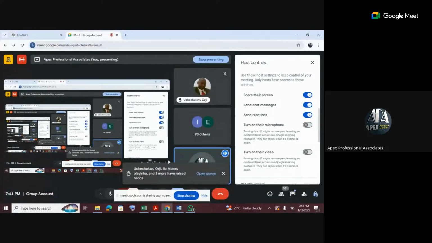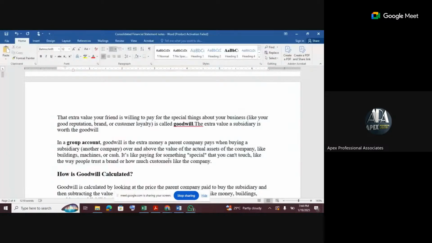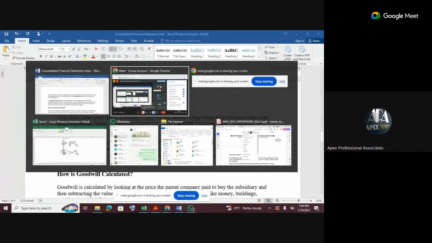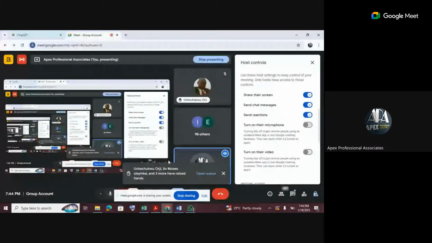Now, what are we talking about when we talk about the goodwill? In trying to calculate the goodwill, you would need what we call the purchase consideration. What is purchase consideration? Purchase consideration is the amount that the parent offered or paid to acquire the number of shares in the subsidiary.